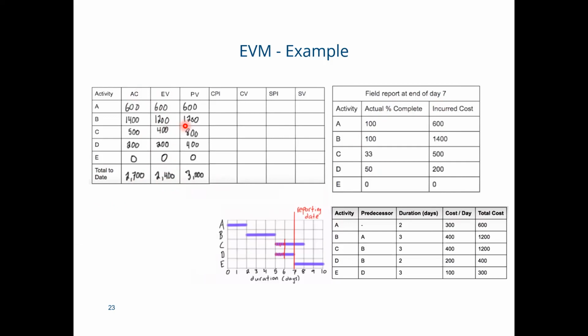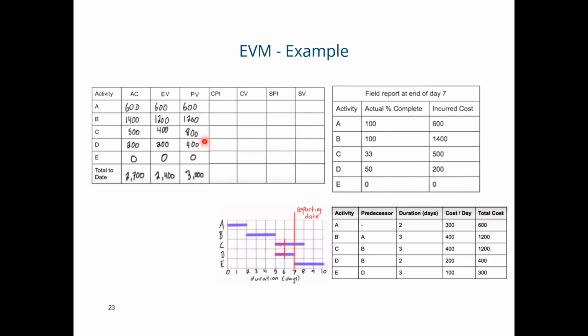As you see in this graph, by the end of day 7 we are expecting activities A, B, and D to be completed, and activity C to be two thirds completed. So what is the budgeted cost of these targets? We want to know about it.